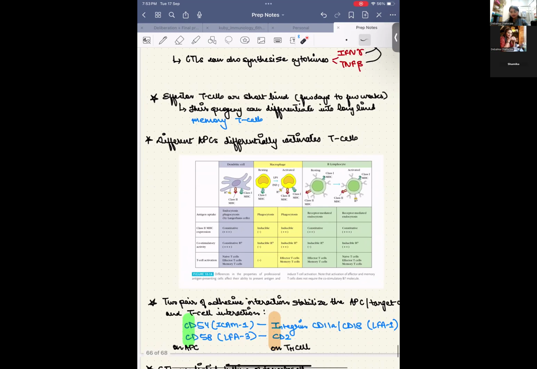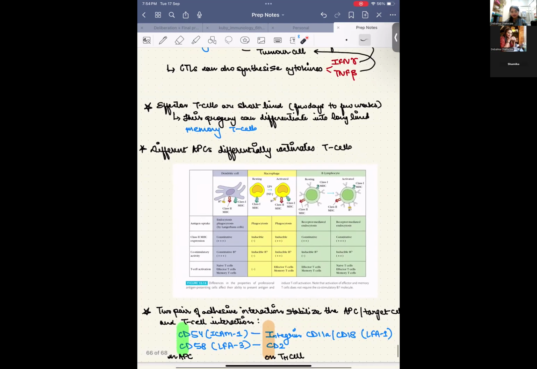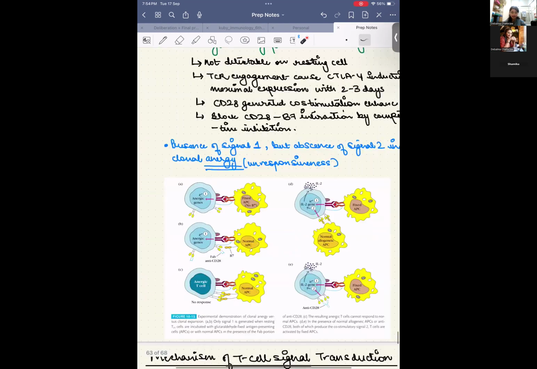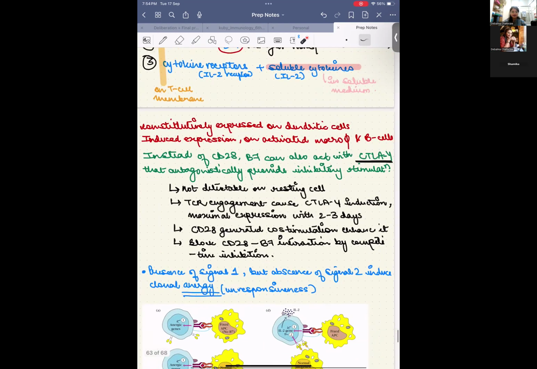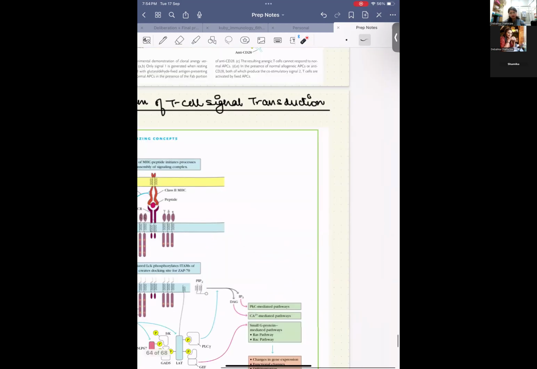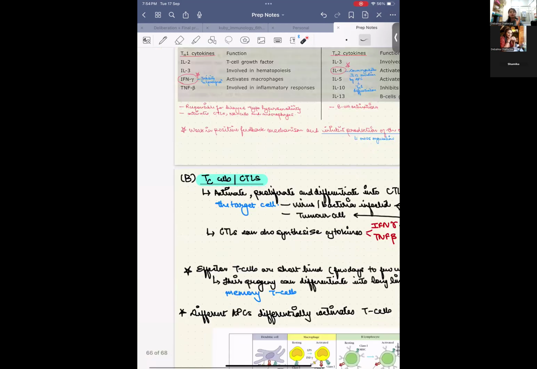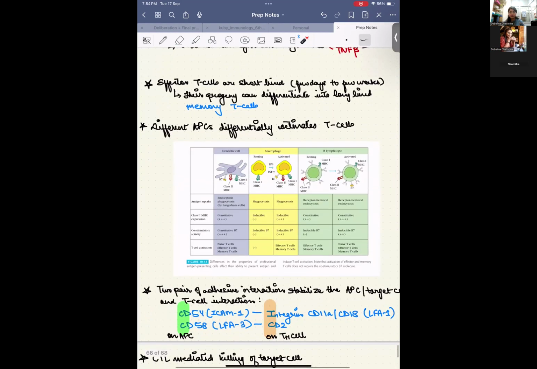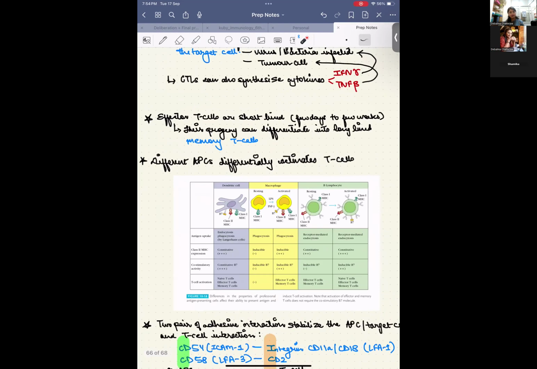Okay. Another fact we tried to discuss over here is that some cells have constitutive expression where some have induced expression, and so different antigen presenting cells have a different role in stimulating your T helper cells, right?